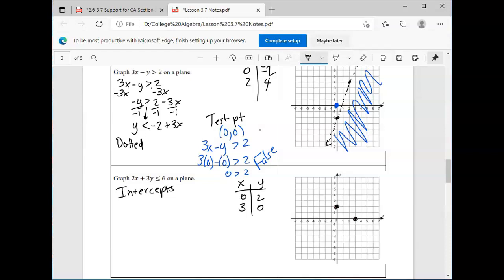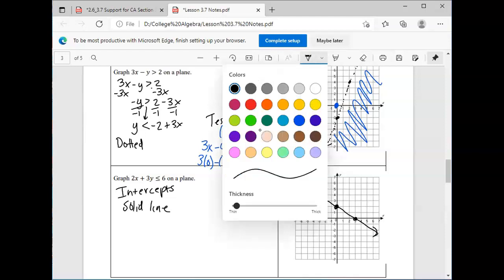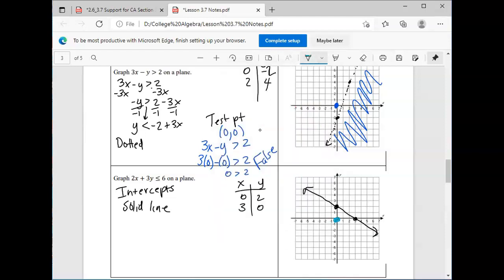Is this going to be dashed or solid? I keep trying to say filled in and not solid. It's going to definitely be solid because it has the equal to part. We would want to connect those dots. We can use 0, 0 for a test point because 0, 0 is not on our line.